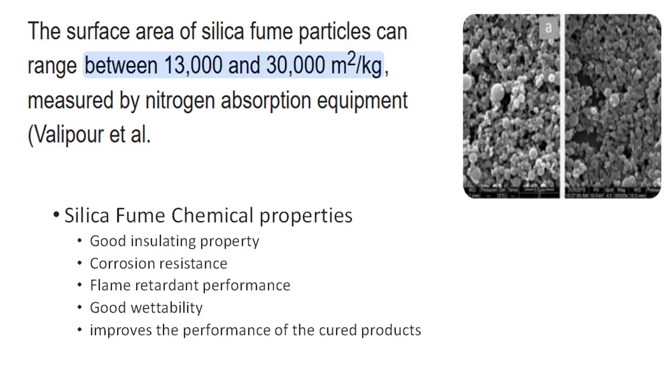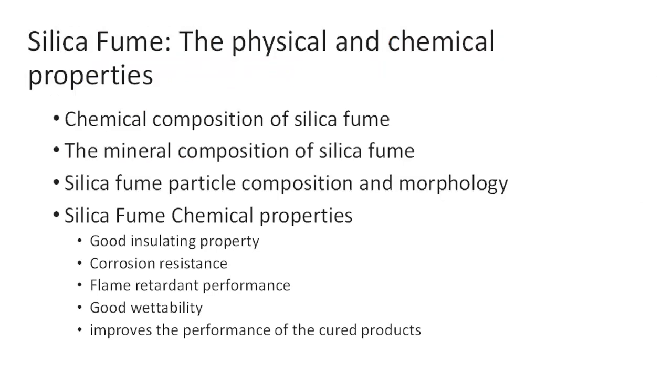Its specific surface area ranges from 15,000 to 30,000 square meters per kilogram, providing a large surface area for reactions and interactions. Silica fume also possesses a range of chemical properties that enhance the performance of materials it is added to. For example, good insulating property.